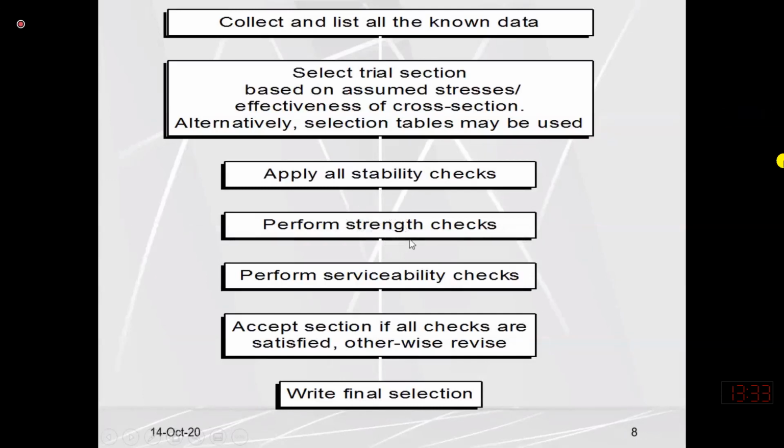If the load carrying capacity of the section is more than the applied loads, that section is safe. We will compute the actual deflection due to applied load in that section because geometric properties are known, against the allowable deflection given by the code.